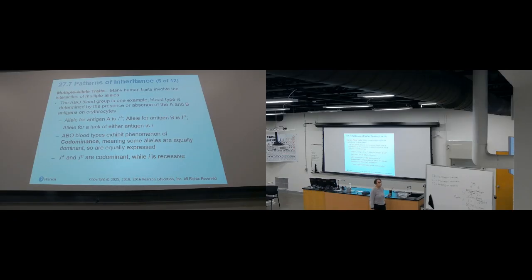Now for multiple allele traits, again, it involves the interaction between multiple alleles. And then we have the ABO group classification, which is determined by the presence or absence of A and B antigens in the erythrocytes, if you remember. And then we have this allele for coding for A blood, which is IA, and then the one for B, which is IB. And then this will be an allele for lack of either antigen, which is i.